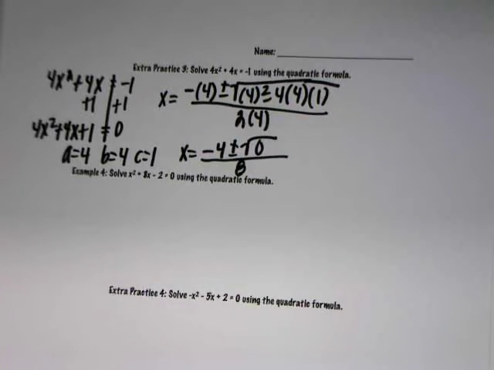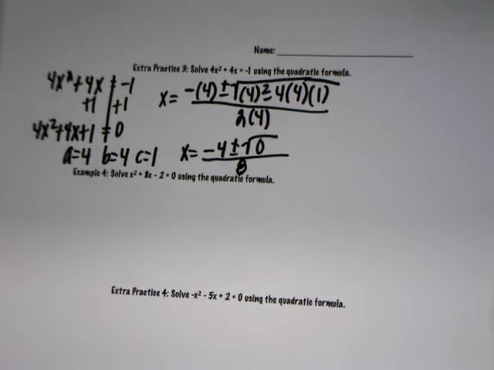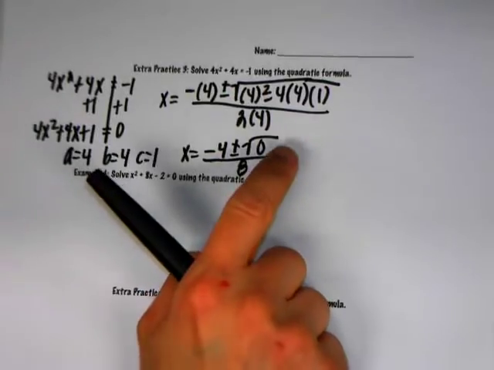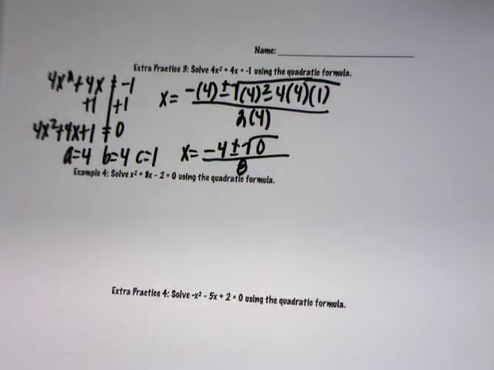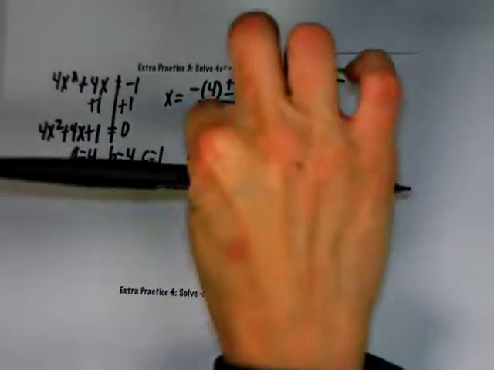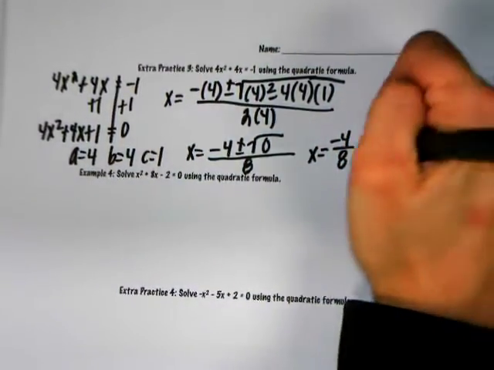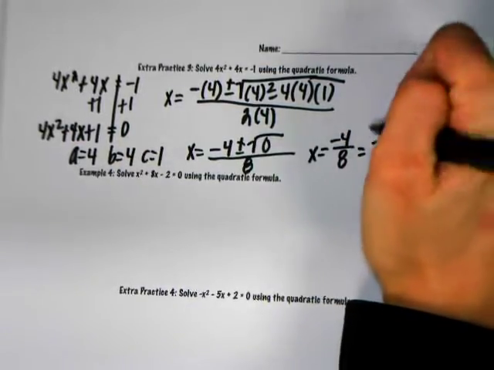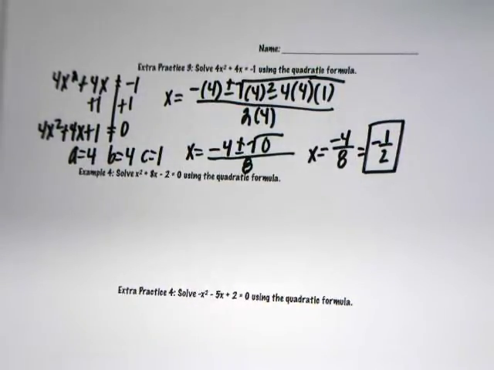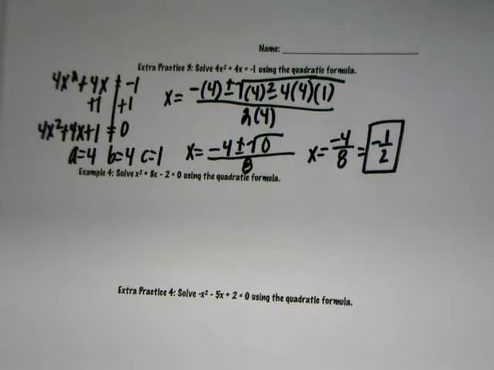What is the square root of 0? 0. So can I do plus or minus 0? No. Basically that whole piece just disappears. Your one solution, because it's 0, is going to come from just this first piece. So x equals negative 4/8. What does that reduce to? Negative 1/2. Yep. So that's your one and only solution, because adding 0 and subtracting 0, you get the same thing. Any questions on that? Cool.